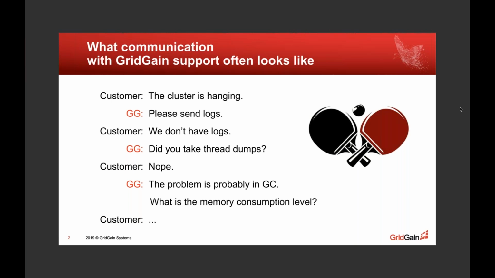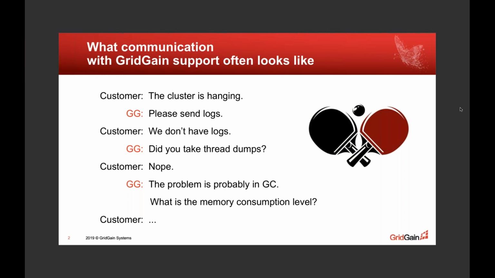So this kind of ping pong goes on till the point when we either have some information to work with, or we configure additional monitoring and after that wait for the issue to happen again, when we're going to have some evidence and be able to tell what happened and to prevent it.